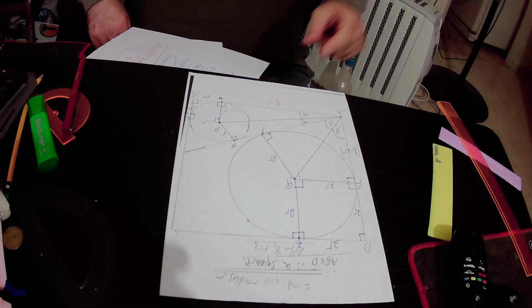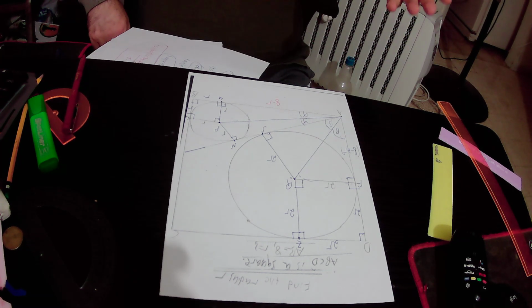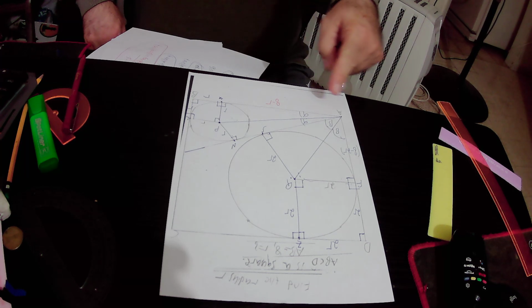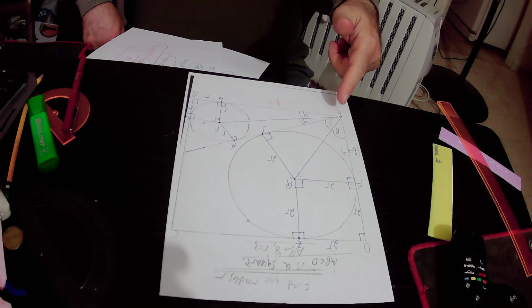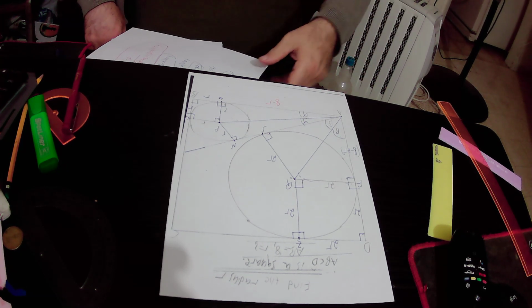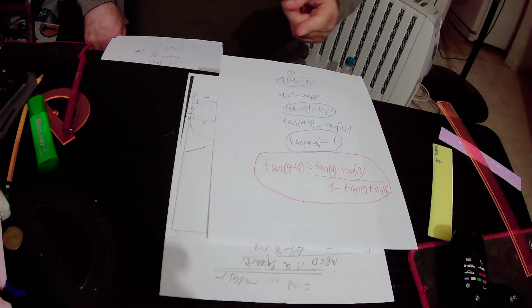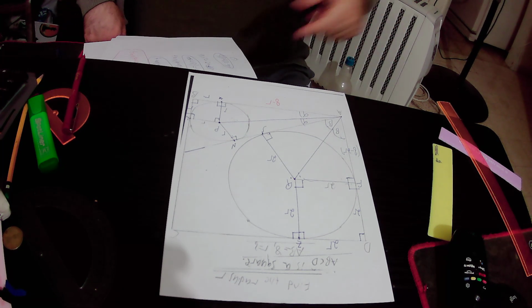But angle BAD or BAF, that equals 90 degrees, consists of four angles: alpha, alpha, beta, and beta. So the sum of those four angles equals 90 degrees. That is the size of angle BAD. Okay? So actually 90 degrees equals 2 alpha plus 2 beta.